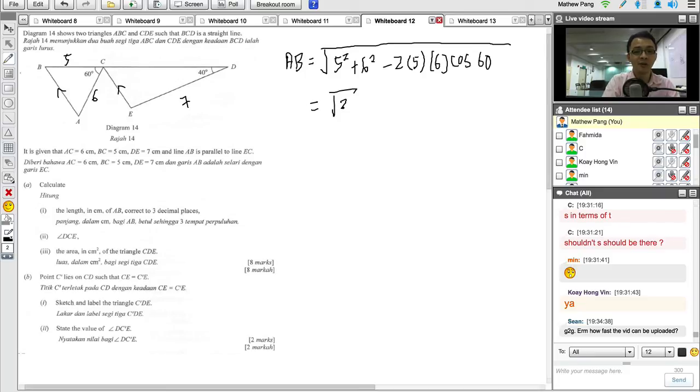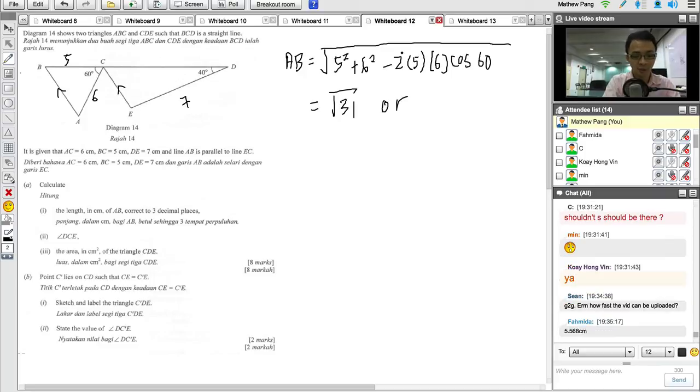Nothing special. The square root of 31, so we'll get 5.568 centimeter. Simple. This is part 1.